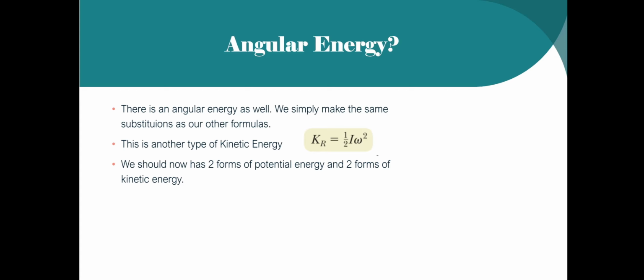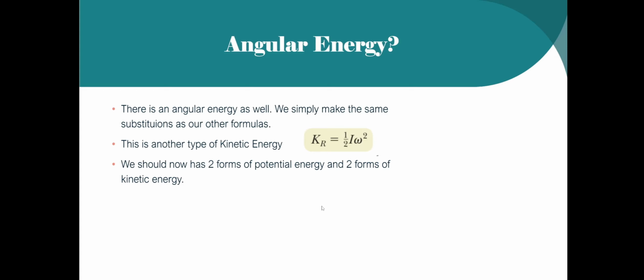Okay, so those are 2 questions to ask. Is there a change in Y, or is there a spring involved? And now we have 2 forms of kinetic. We have the original kinetic energy, 1/2 mv squared, where you'd be asking yourself, is there a change in velocity? Now we also have a rotational kinetic energy. So another question you need to ask yourself is, is the object rotating in the problem?